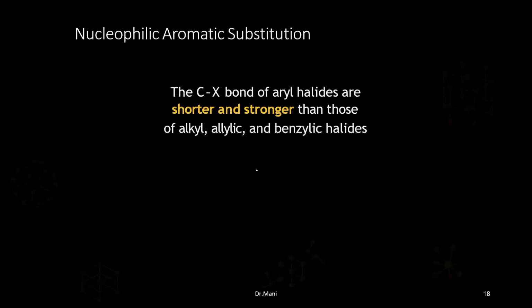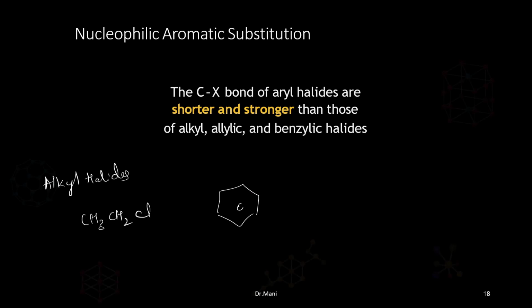Yeah. So next one. The carbon-halogen bonds of aryl halides are shorter and stronger compared to allylic or benzylic ones. First, suppose you take alkyl halides, for example CH3CH2Cl. This bond is not too strong compared to the bond present between the aromatic compound and the chlorine or some halogen.